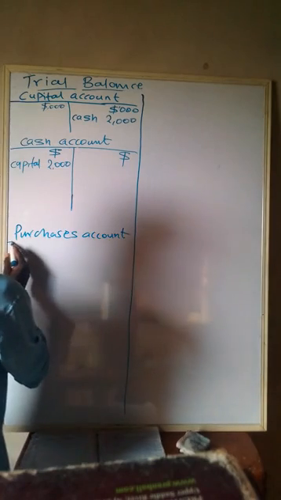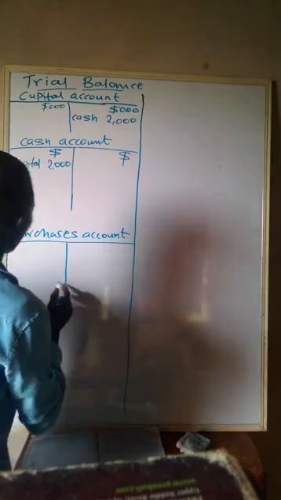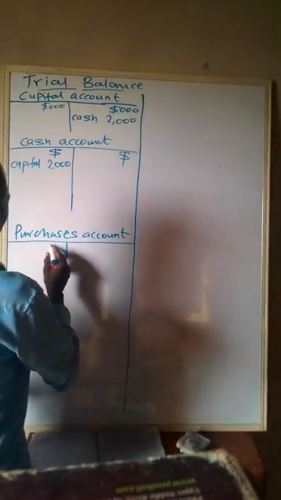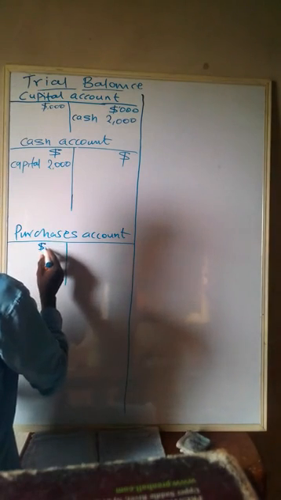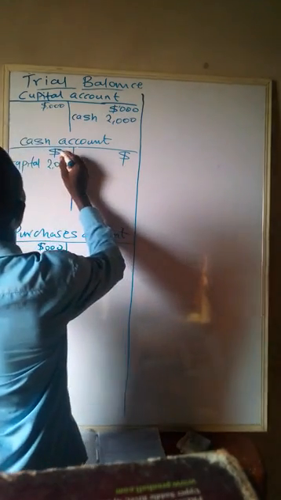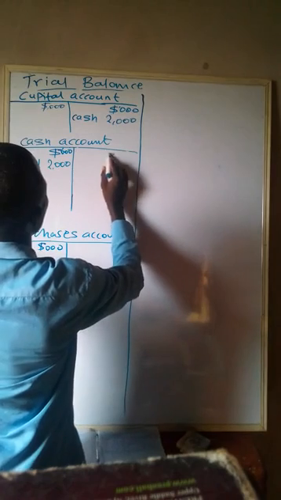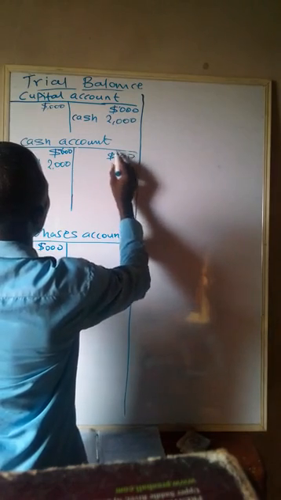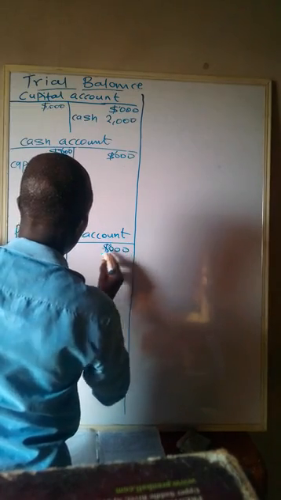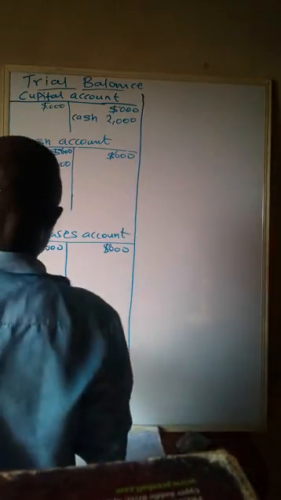When you purchase goods, you debit the purchases account, in thousands.